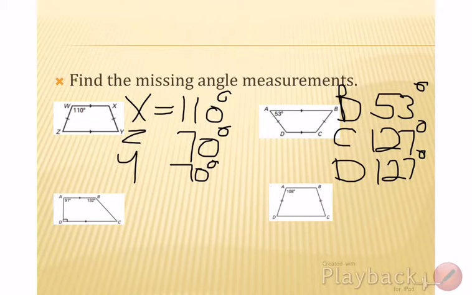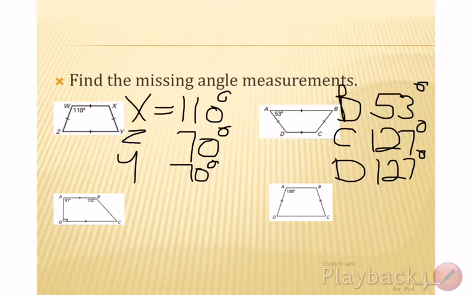Now this next one is tricky. You see that 3 out of the 4 angle measurements have been given. You can't ignore the information given, so you have to add those 3 measurements: 132, 91, and 90.